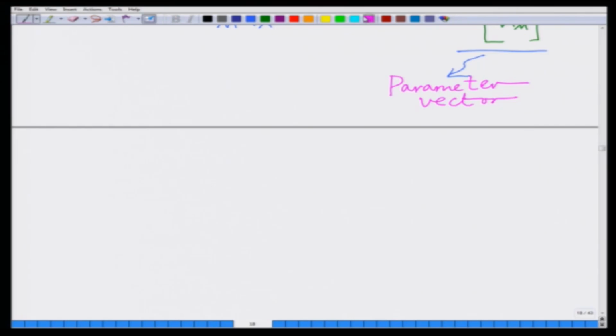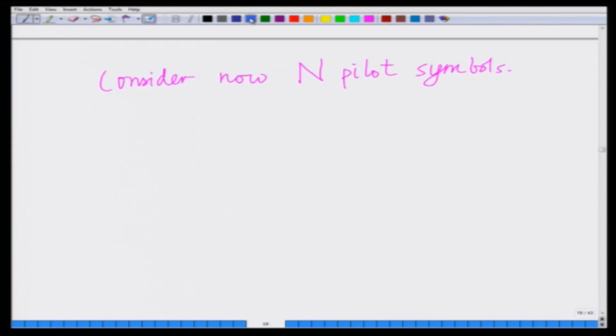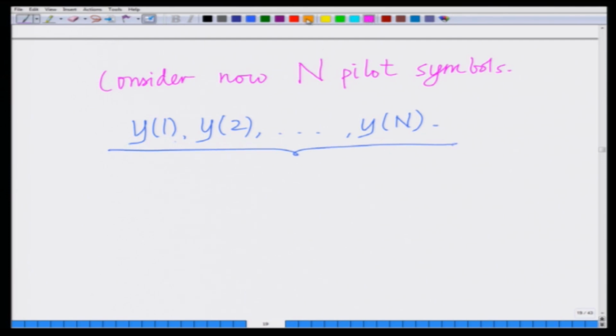So therefore, consider now n pilot symbols. Therefore, I have n observed symbols y1, y2, up to yn.